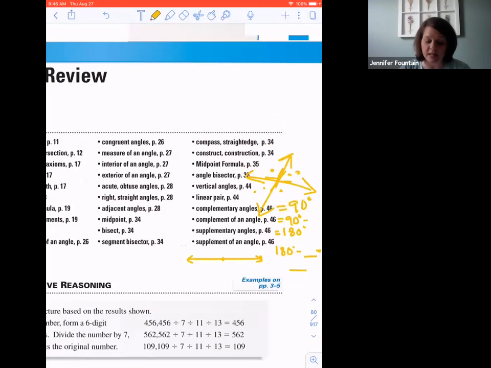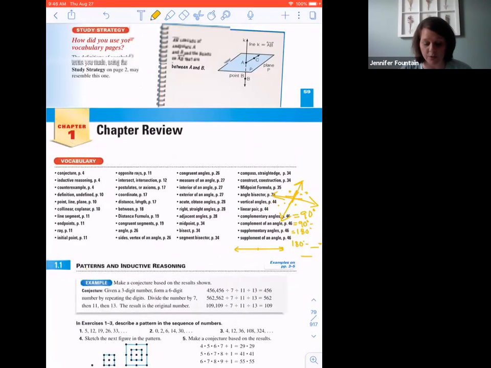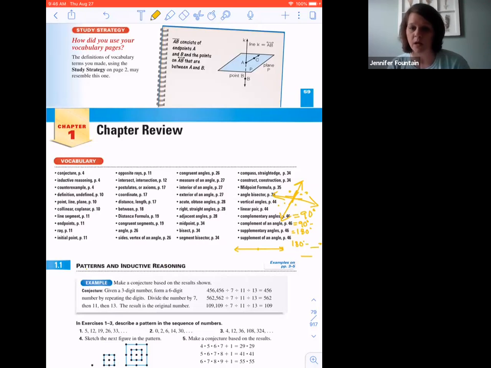So there's a lot of things that we've learned, a lot of new vocabulary for you to sort through and think about. If there's any of these that you get hung up on, I highly recommend that you study them. Go through them, because on the test, if it says find the measure of, if you have an angle bisector and you've got to use your formulas, or you've got to set up an equation to solve for an unknown, you need to know that bisect means that these two things are going to be equal, so I'm going to be able to set up one thing equal to the other.